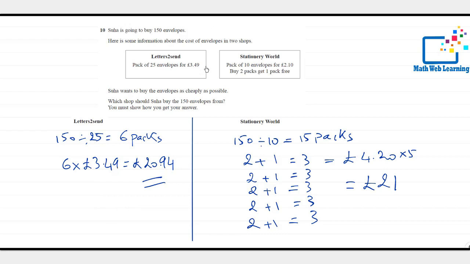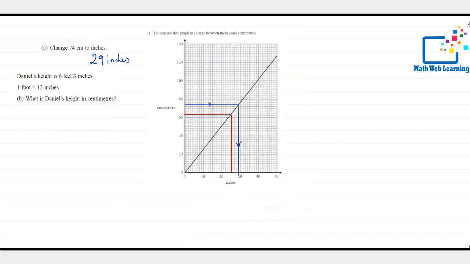Now, next question is question 11. Question number 11, part A. I went ahead and drew the line that goes from 74, because we want to change 74 centimeters to inches.